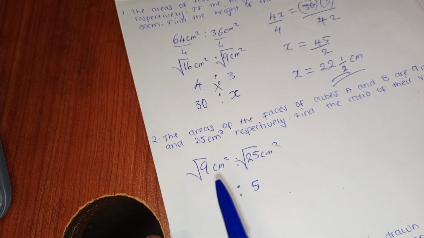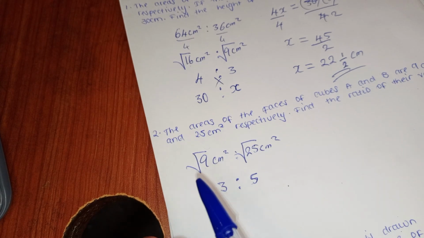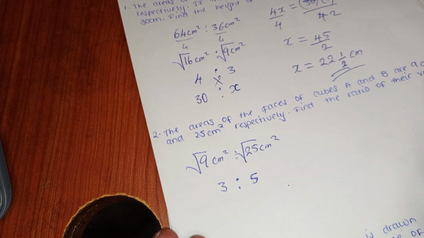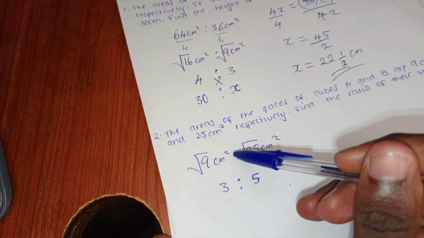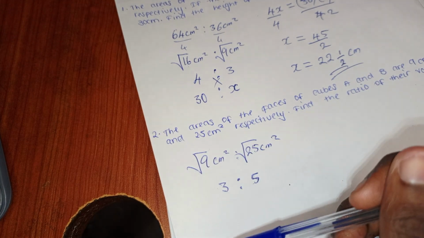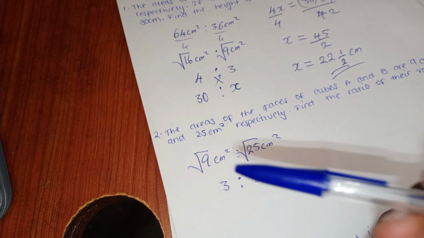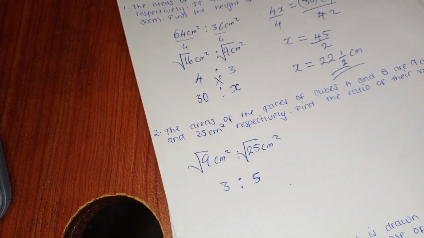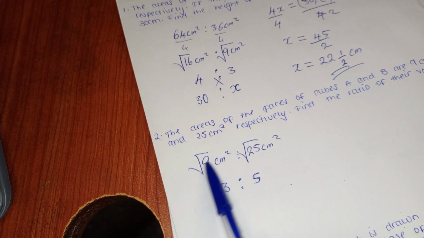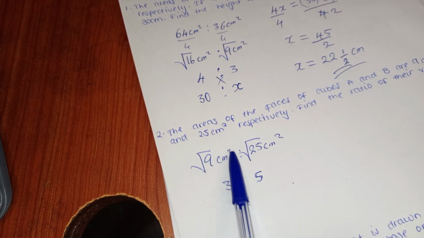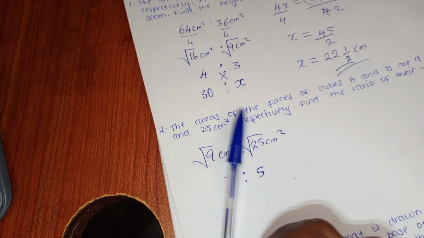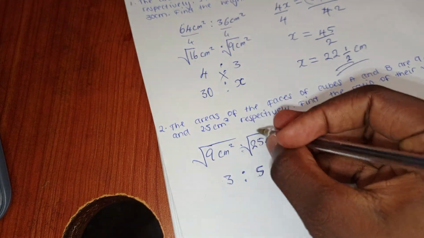So if we want to find the ratio of their volumes, we aim by all means to reduce this into its length. Once it's into its length, that's when we can find the ratio of their volumes. That's why I had square rooted here. If we square root even the centimeter squared here, we are just getting centimeters.